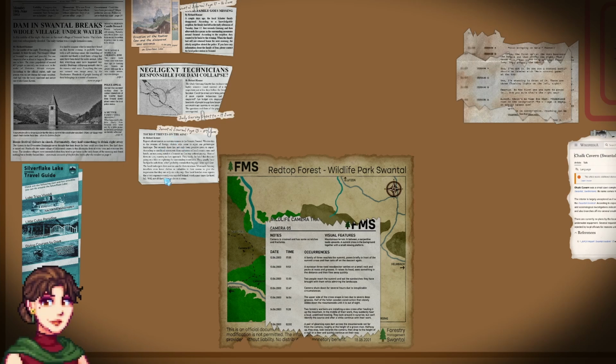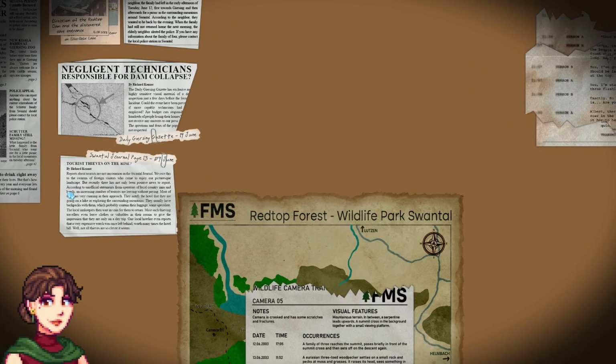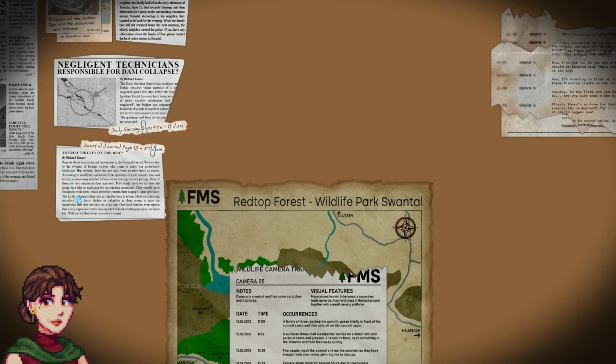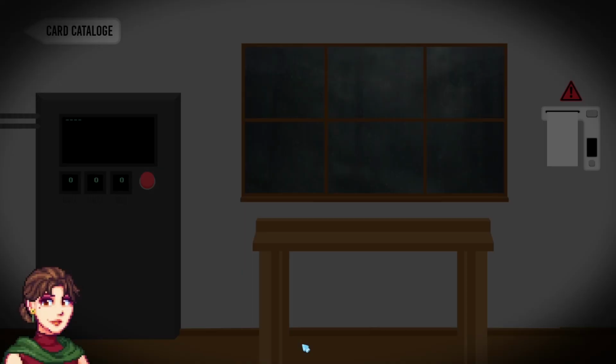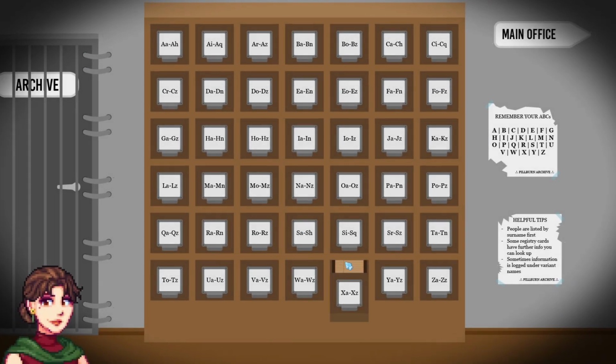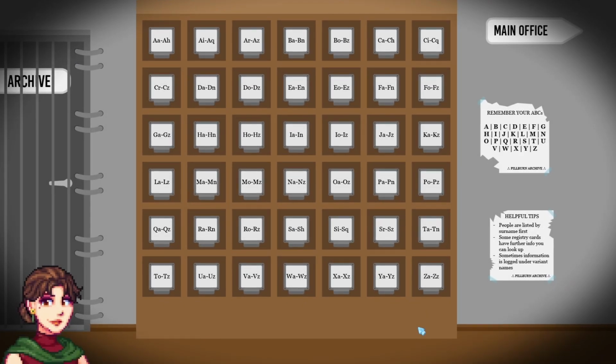Tourist thieves, no, not at all. Actually, you, Senor Richard Kenner, you seem very suspicious considering that this is what you're reporting. I don't know why I didn't even look up the author first. Like, why did I not think of this? Kenner, so okay.